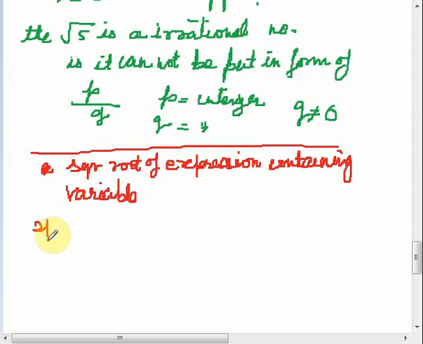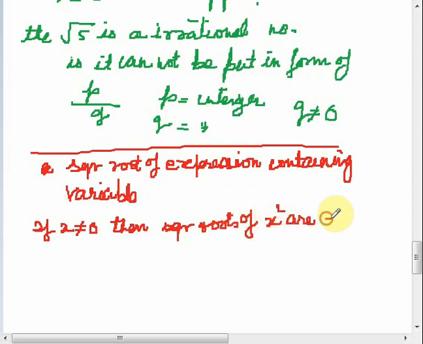If x is not equal to 0, then the square roots of x square are plus x, minus x, right? This we have already explained earlier. Now what is the value of this? We want to find the value of this.